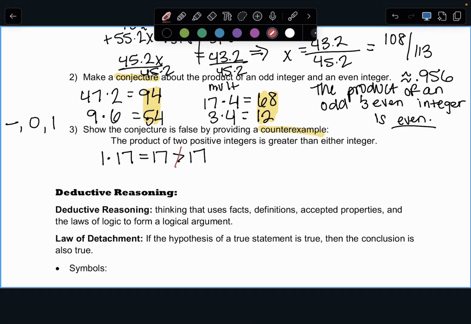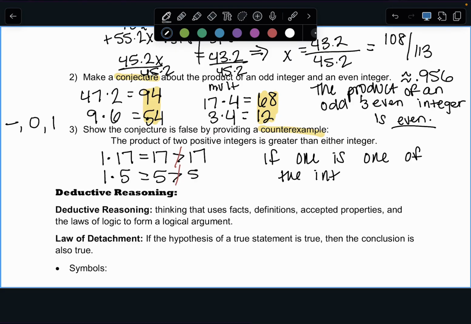Let's do one more for good measure. What's 1 times 5? 5. Is 5 greater than 5? No. So that's also a counterexample. And in general, if 1 is one of the integers, then we have a counterexample.